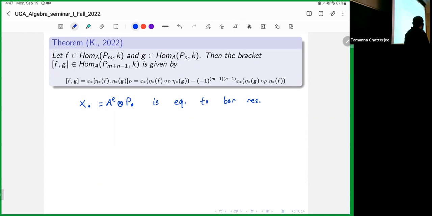Then we try to construct a new bracket formula for Hopf algebra cohomology, which is given in this way, with the product on the resolution T. It is a little complicated, so I don't want to make the slide massive, so I didn't put that one, but this is the formula for the graded structure.